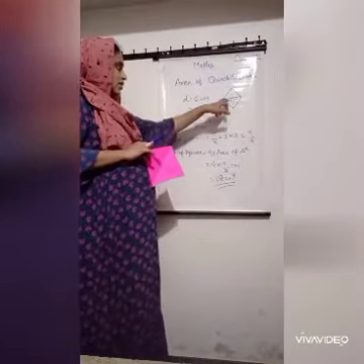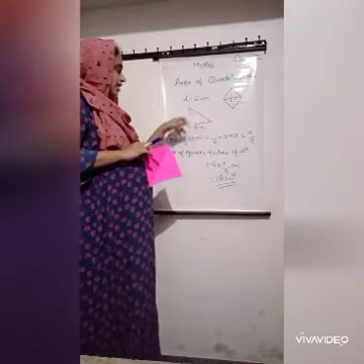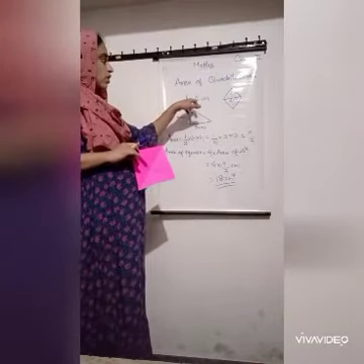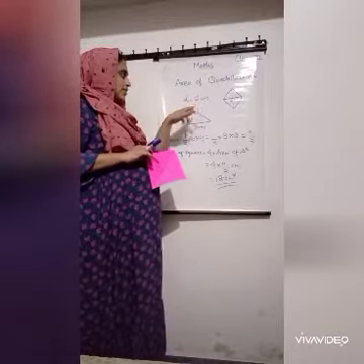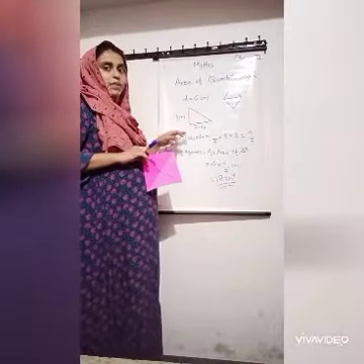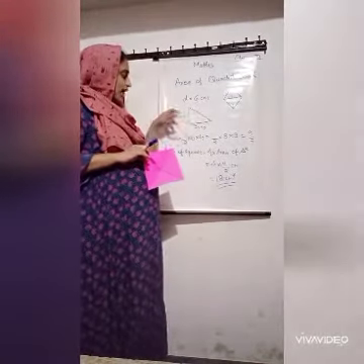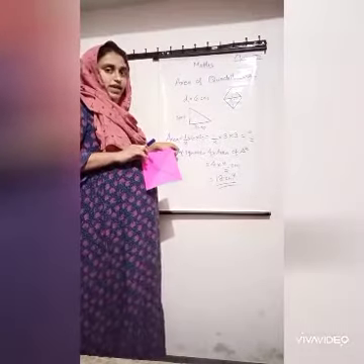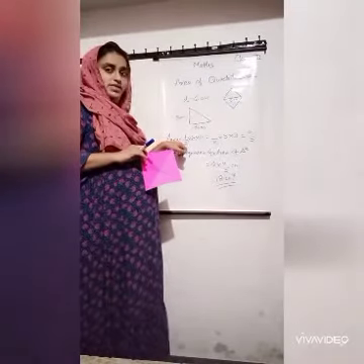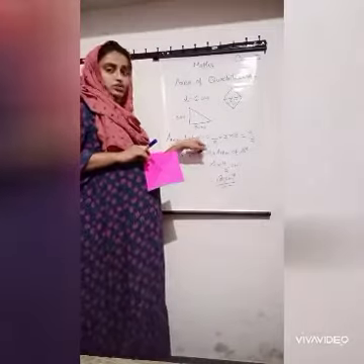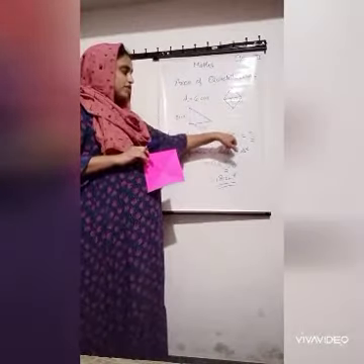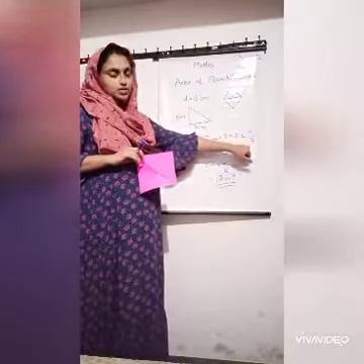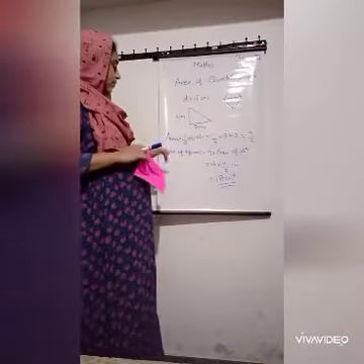Here base is equal to 3 centimeter, height is 3 centimeter because diagonal is 6 centimeter. In a square, diagonal bisect each other. So 3 and 3. To find the area of a triangle, the equation is half into B into H. That is equal to half into 3 into 3. That is 9 by 2 centimeter square.